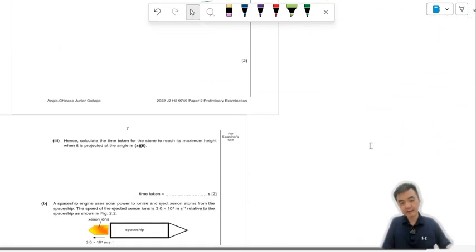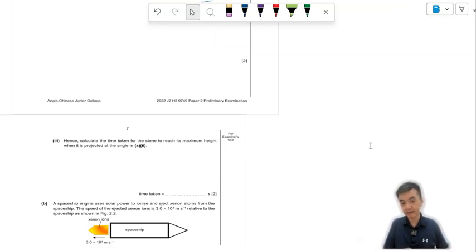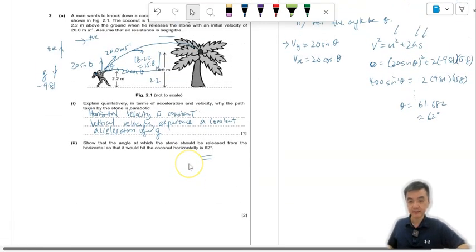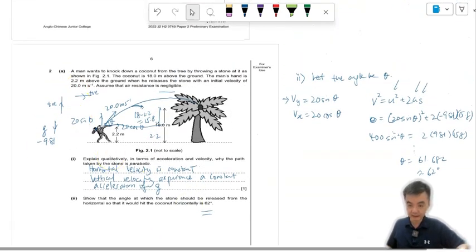For part 3, you are asked to calculate the time taken for the stone to reach the maximum height when projected at the angle. So back to this diagram again.